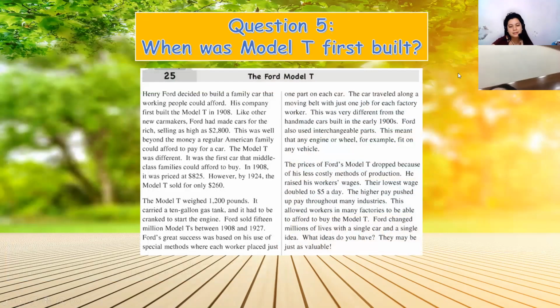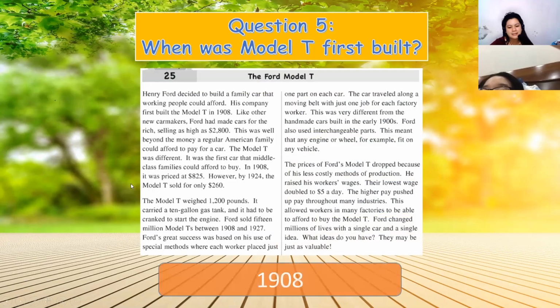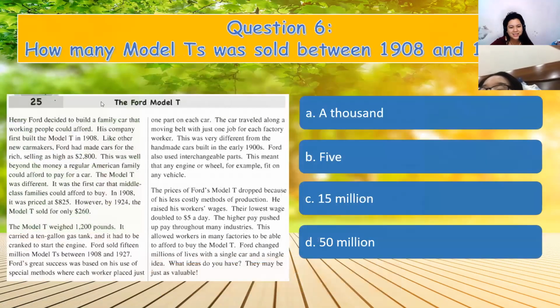When was the Model T first built? In 1908. All right, in 1908. Very good. Now, how many Model Ts were sold between 1908 and 1927?